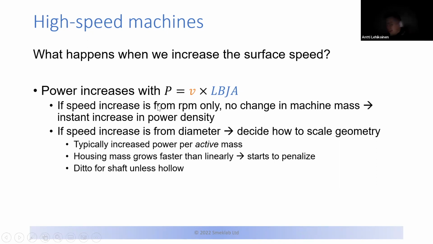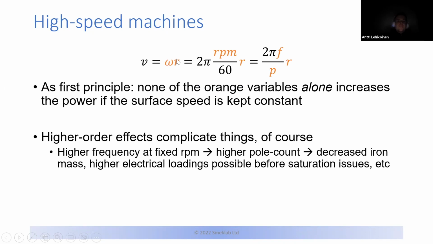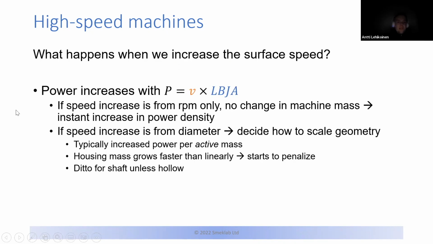If, on the other hand, we increase the diameter or radius here, then the machine gets bigger and the geometry will change. You will have to make some decisions. Are you going to be scaling all the dimensions equally proportionally to the radius, or are you going to be changing something? Both are options.